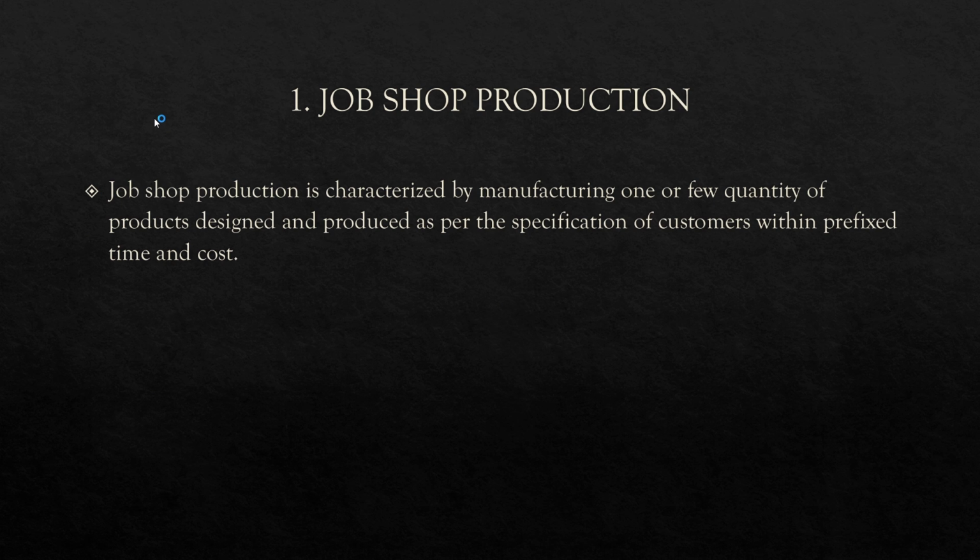Third point, use of general purpose machines and facilities. Fourth point, large inventory of materials, tools and parts. And the final fifth point is detailed planning is essential for job shop production. Example for job shop production, one is shipbuilding, second one customer furniture production.